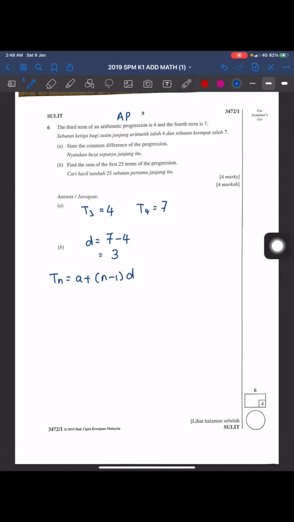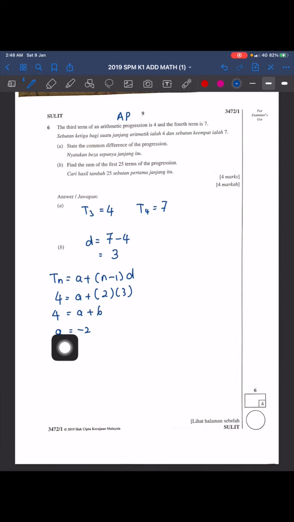Kita boleh guna mana-mana yang kita nak. Okay, so contoh saya pakai T3. So saya tahu third term is 4, A plus, so ni tadi adalah third term kan. So 3 minus 1, 2. So kita punya D adalah 3. So 4 equals A plus 6. Okay, so A is 4 minus 6 is negative 2. So kita dah ada information negative 2 untuk A dan 3 untuk D.